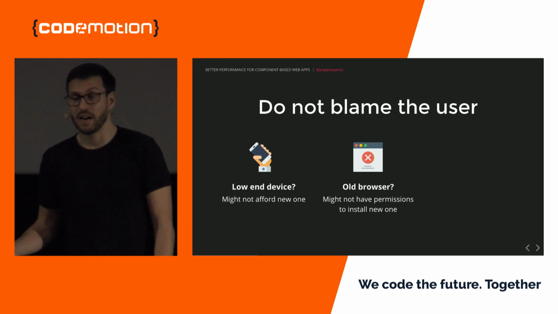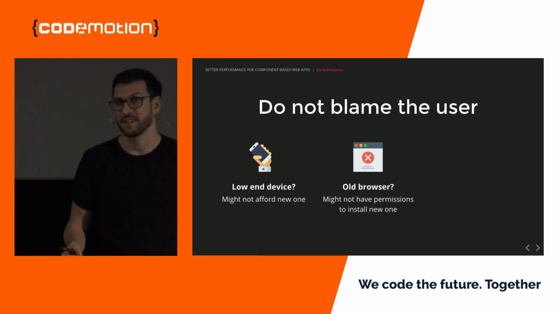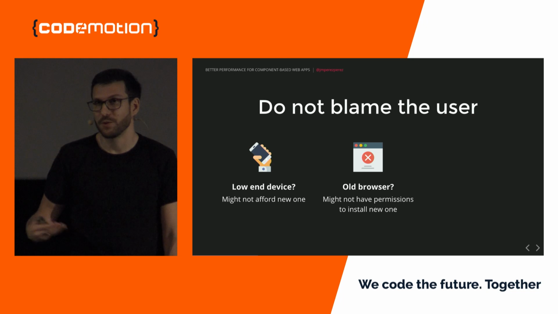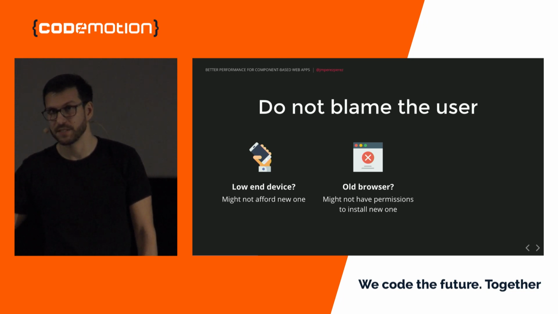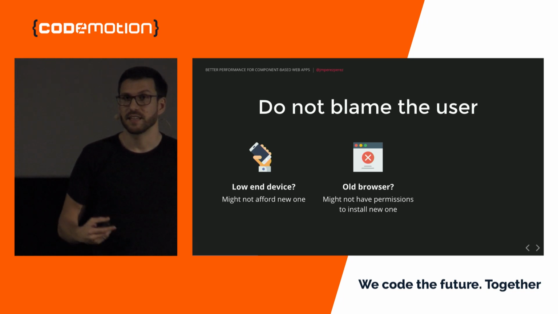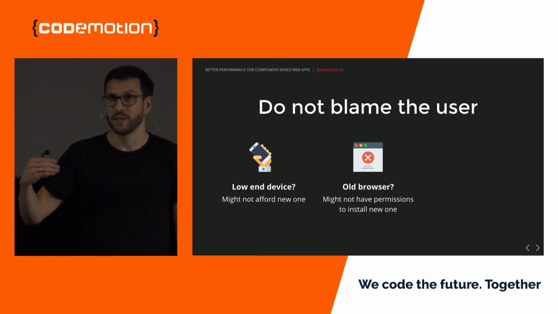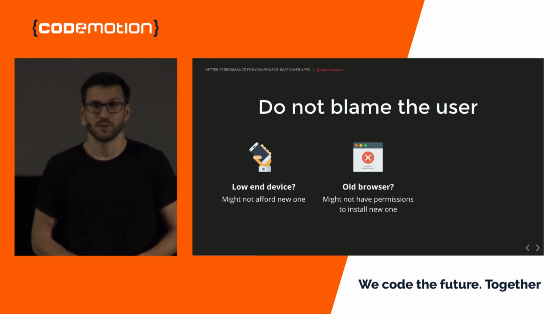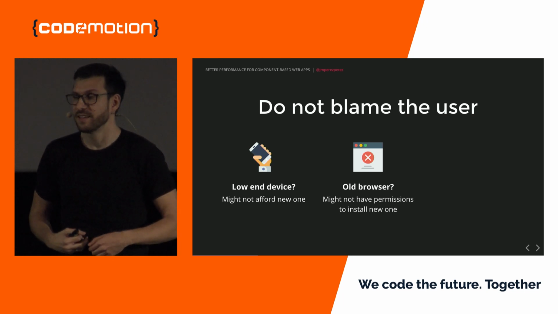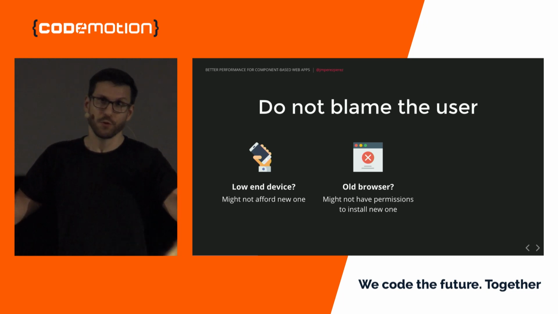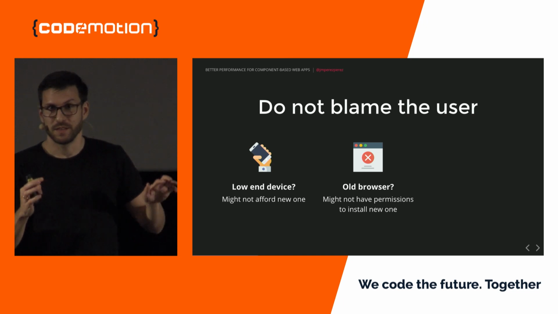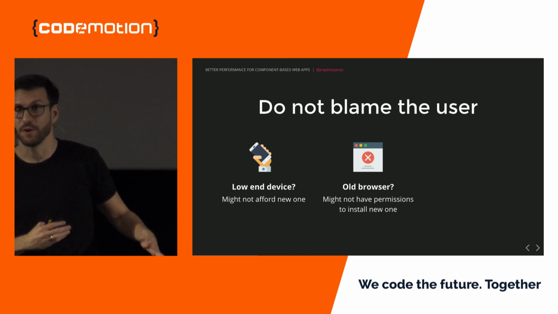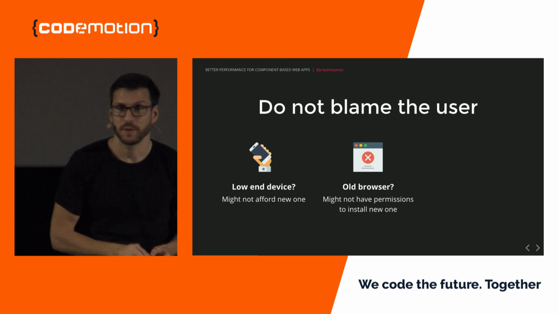In most cases, they don't have any admin rights to install anything, so they need to use the web version. And in many cases, they can't even get upgrades, so they are stuck using some older versions of Chrome, right? So again, we cannot assume that just because we support Chrome and we are using Chrome for developing, then suddenly our product is going to be well supported.